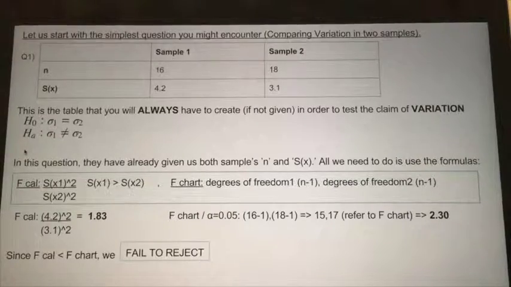Since they already give us both the samples and the number of trials or whatever the question says, and Sx, the standard deviation of both sample 1 and 2, all we need to do is use the formulas to find FCal and FChart. To find FCal, we find standard deviation 1 squared over standard deviation 2 squared. Now standard deviation 1 is always the standard deviation that is greater than the other.